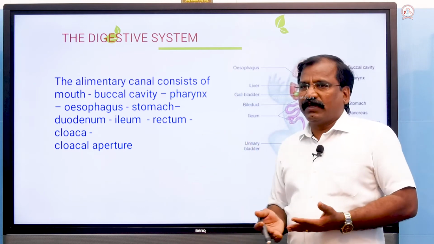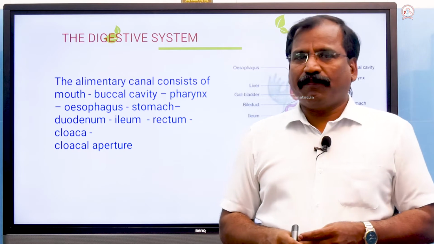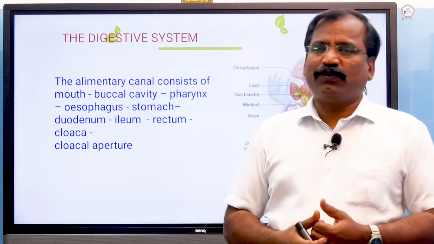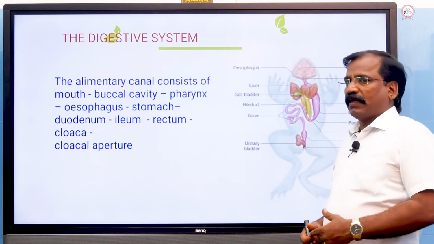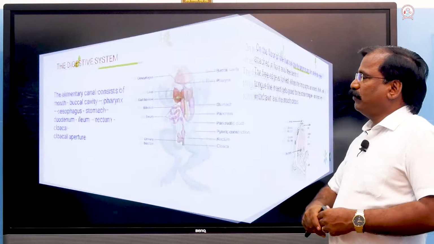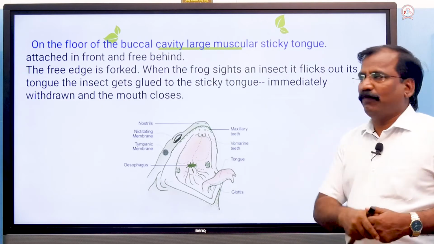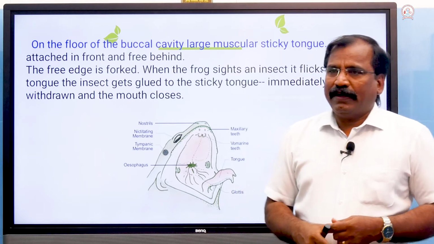After the stomach are the duodenum, ileum, rectum, cloaca. The cloaca opens to the exterior through the cloacal aperture. These components are arranged in sequential order in the digestive tract, or alimentary canal.